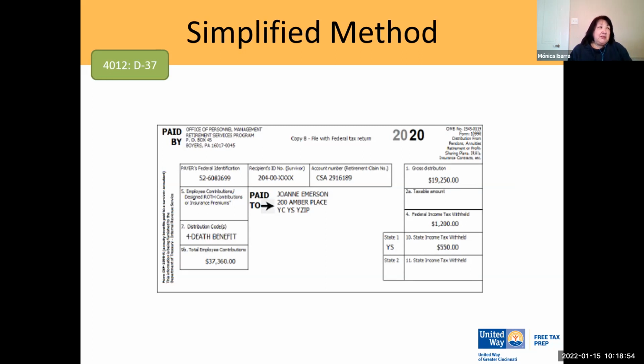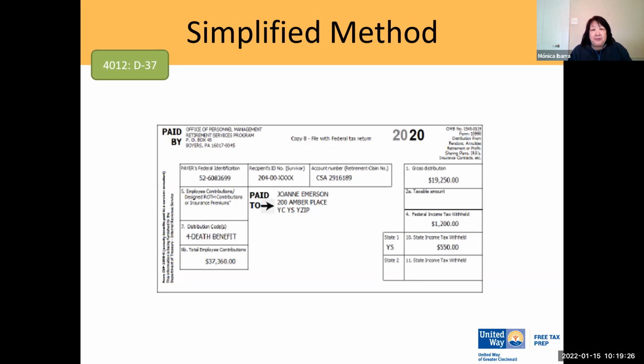However, the simplified method is to calculate, for a person who is retired, how much of their gross distribution, which is box 1, is taxable. So in this case, you can see that the gross distribution amount is this $19,250, and that the taxable amount has been left blank. I will give you a very important caution about TaxSlayer.